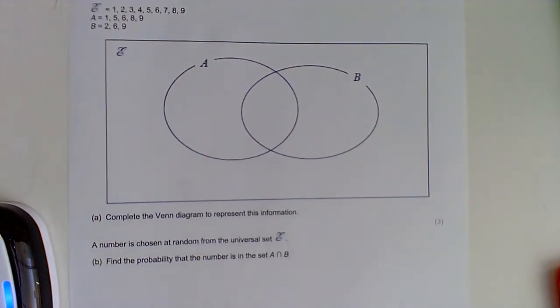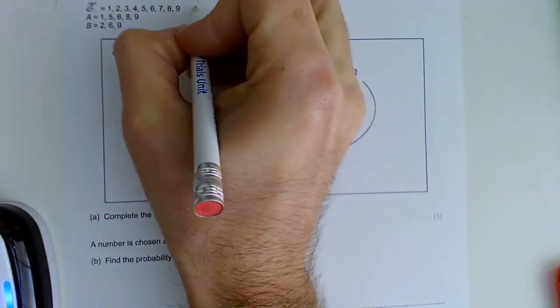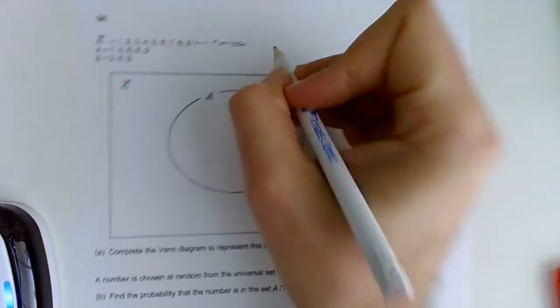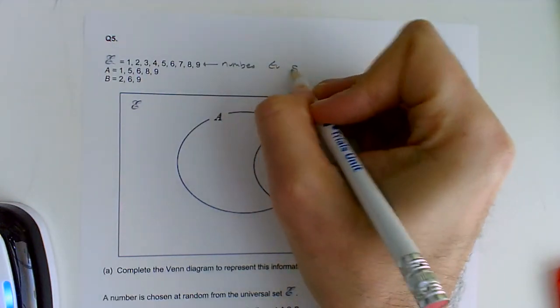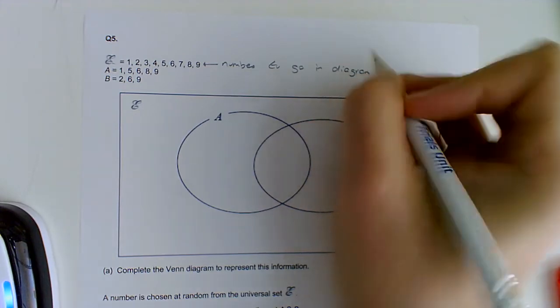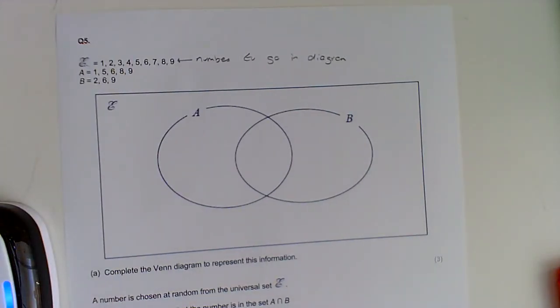Right. This is a Venn diagram question, and it's very easy as long as you know what these little weird symbols mean. This thing means that those are the numbers to go into the diagram. That thing there is just a posh way of saying this is your data that you're going to use.